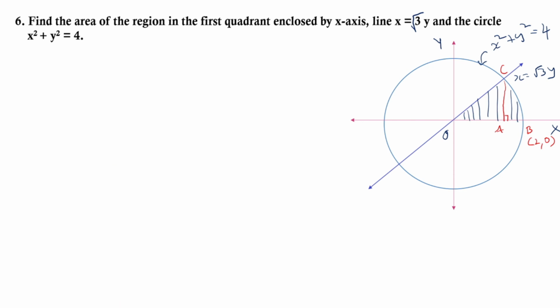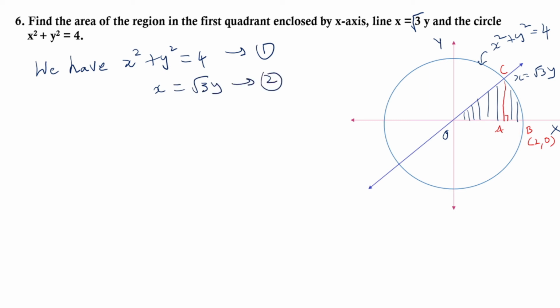So we have x square plus y square is equal to 4 and x is equal to root 3 y. If we solve these two equations, we will get the point of intersection, which is C. So let us substitute 2 in 1.